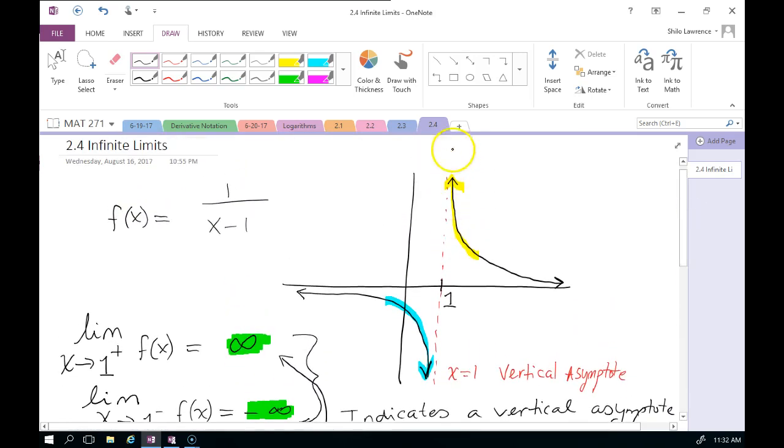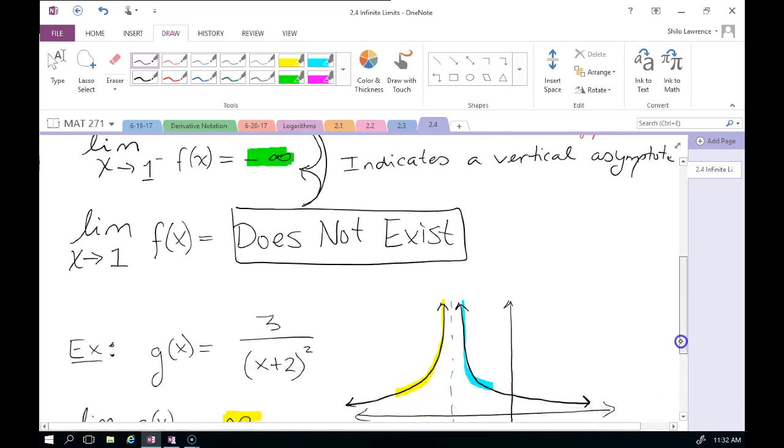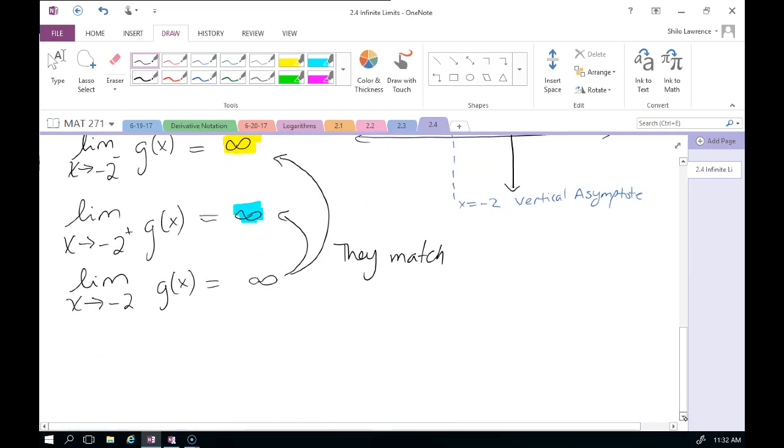If the graph is going up forever on the side of our vertical asymptote, it's positive infinity. If it's going down next to our vertical asymptote, it's negative infinity. So graphically is definitely a really easy way to see this, but we also can do this numerically and analytically.